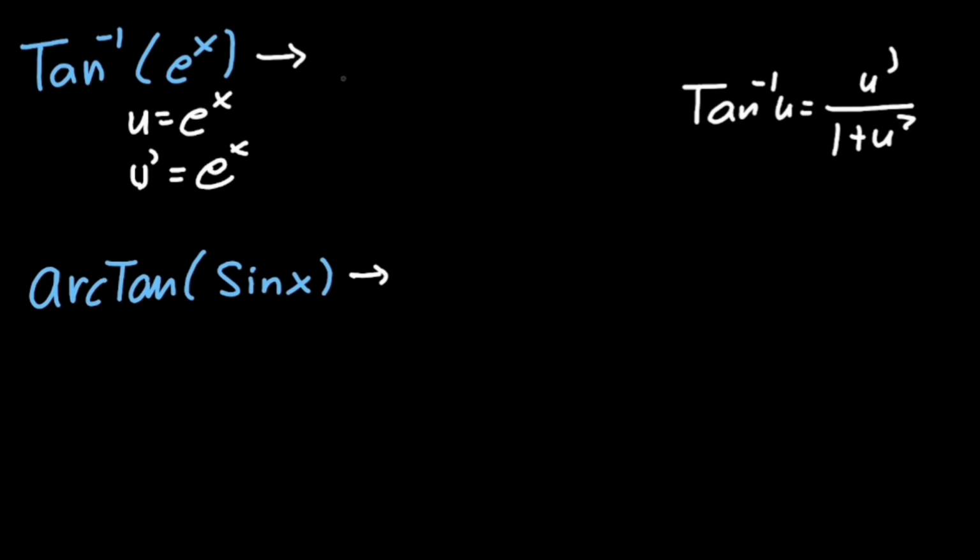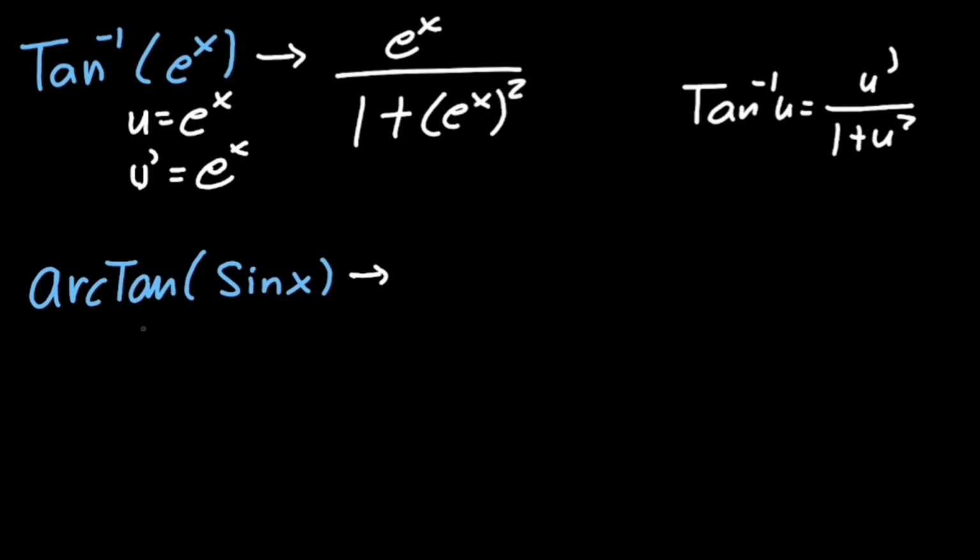It does not affect it. Now, solve this according to the formula. You will get e raised to the power of x over 1 plus u squared, which will be e raised to the power of x squared.